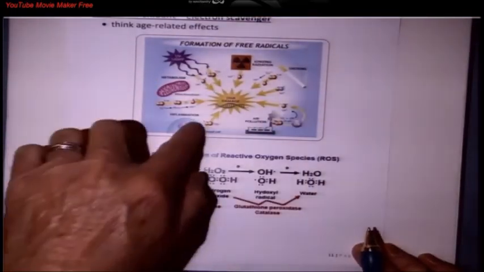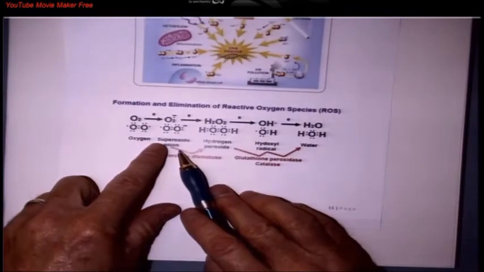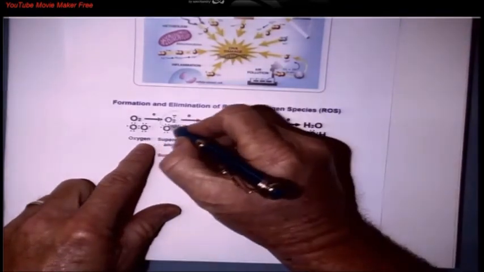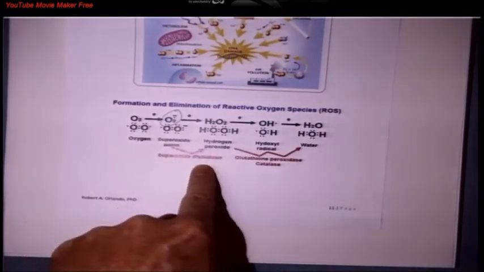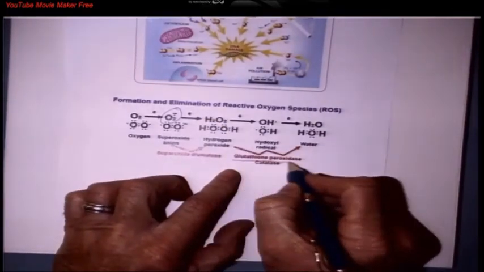And so how do we take care of this? Well, we saw one mechanism with our oxygen forming superoxide anions, and this is what we have to resolve. That's a free electron, that's an oxidative nightmare. So we have superoxide dismutase to form our peroxide. And then remember this, glutathione.